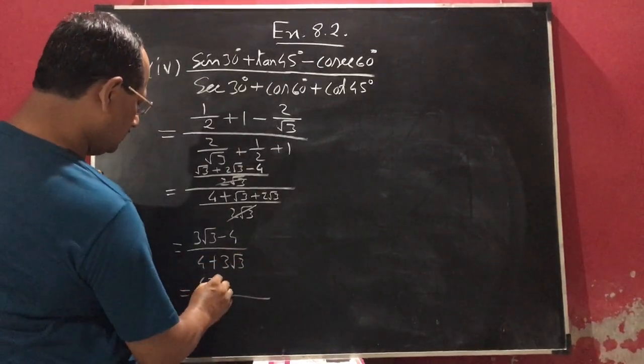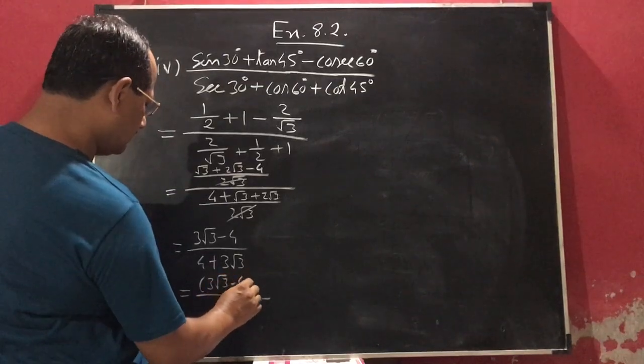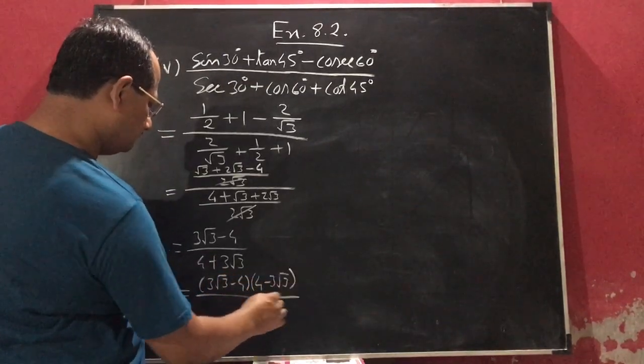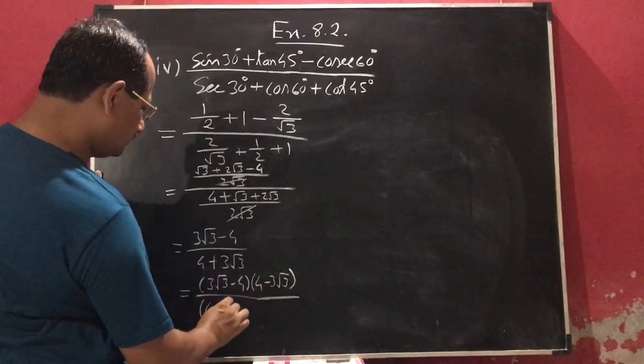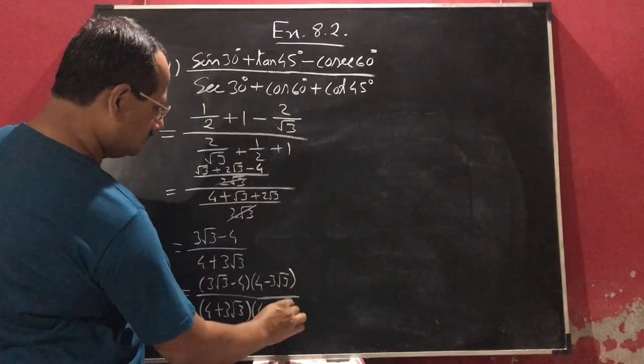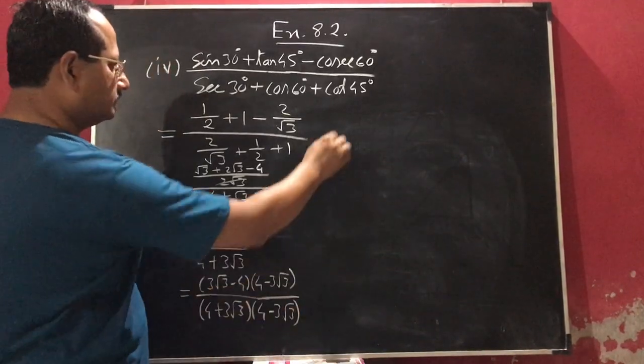Then 3 root 3 minus 4 into 4 minus 3 root 3, divided by 4 plus 3 root 3, 4 minus 3 root 3.